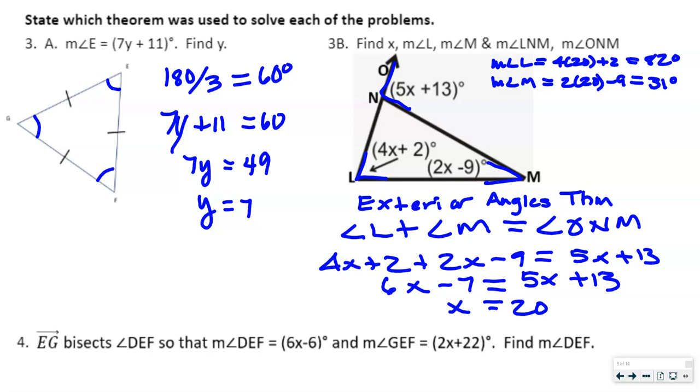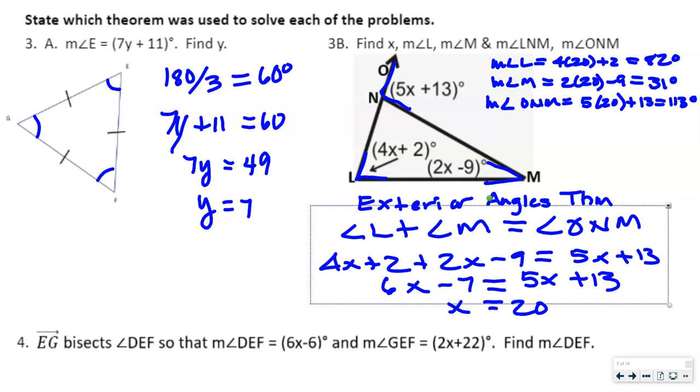Let's keep going, and then we're going to find this exterior angle, which is the measure of angle ONM, and that's going to be equal to 5 times 20, that's 100, plus 13, which is 113. And by the way, if you add 31 to 82, you get 113 as well. And then this interior angle, this angle right here, how would we find it, guys?